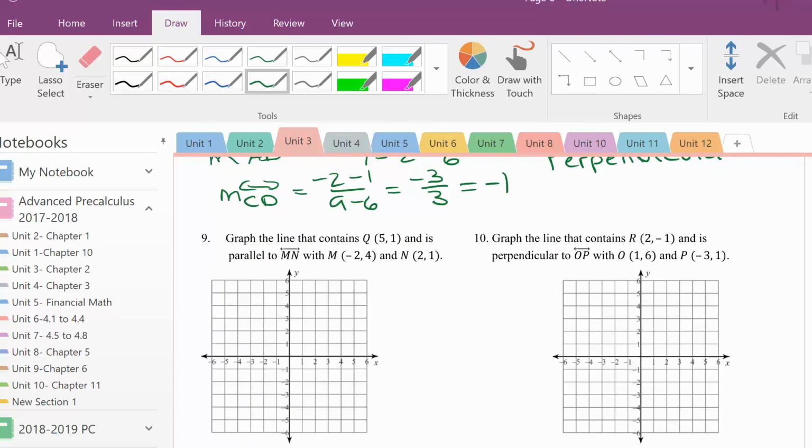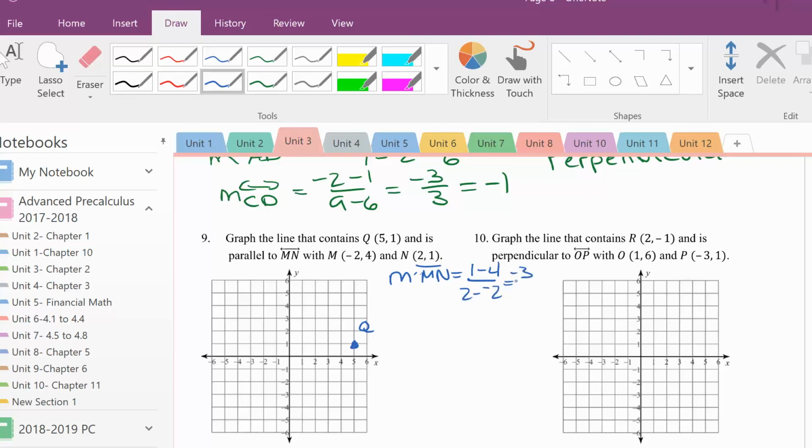All right, so number 9 says graph the line that contains Q(5, 1) and is parallel to MN. So 5, 1 is here. So that is Q. And for MN, the slope is 1 minus 4 over 2 minus negative 2.